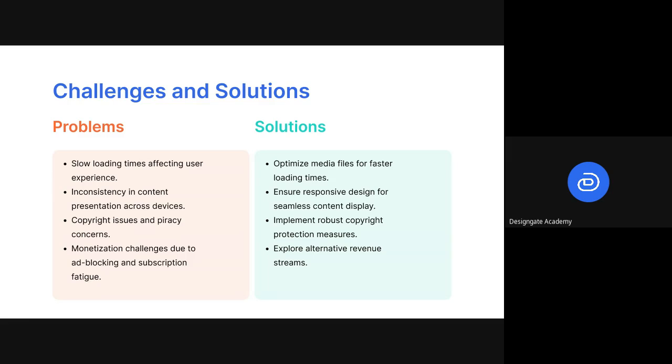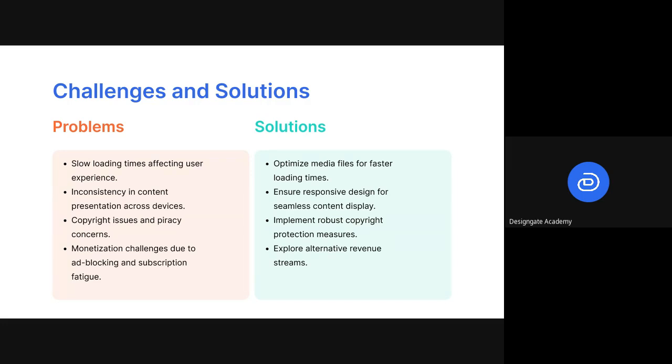Monetization challenges due to ad blocking and subscription fatigue: you have to explore alternative revenue streams. Netflix is trying to find a way to make sure they are getting extra money. In some parts of the world, Netflix has even introduced ads just to make more money.